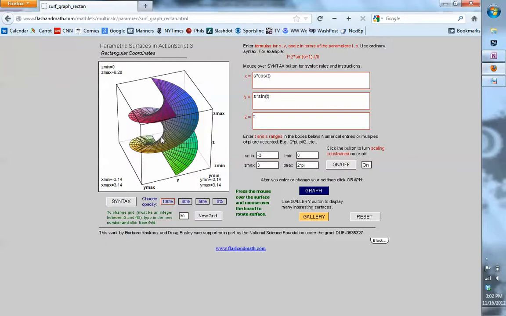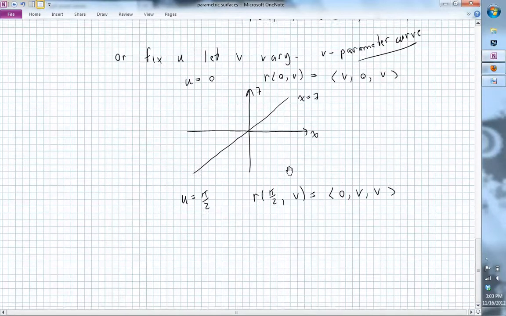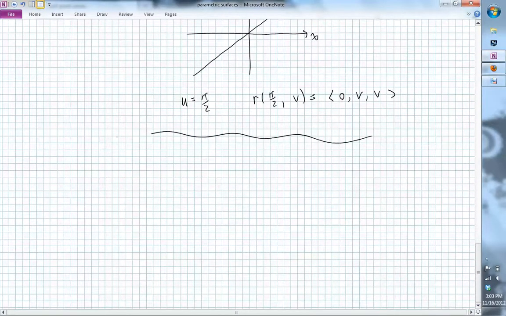All right. We got time. What if I wanted to parameterize a sphere? Well, let's recall spherical coordinates.